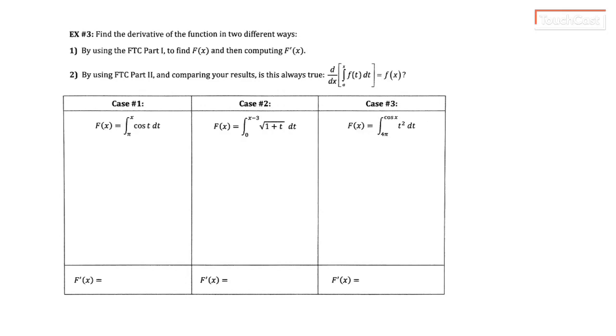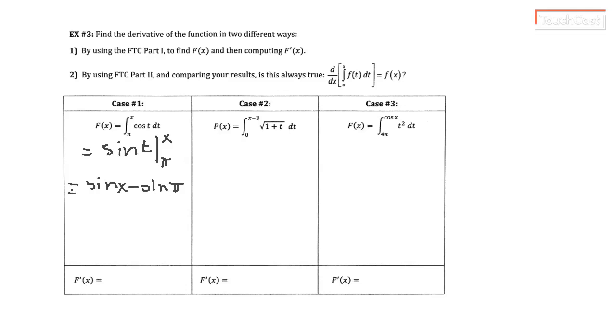So with case 1, we know big F of x is equal to the integral from pi to x of cosine t dt. Now, I know when I take the integral of cosine t, I get sine t. So big F is going to equal sine of t from pi to x, which means we're going to take sine of x minus sine of pi, using that first part.